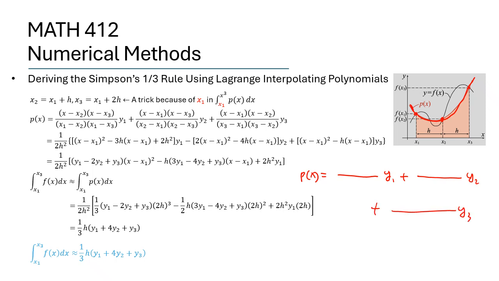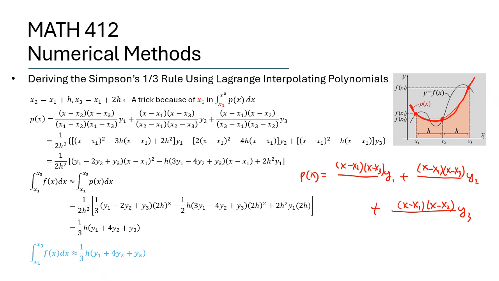And the numerators: x minus each x value except itself. For y1, x minus x2, x minus x3. For y2, x minus x1, x minus x3. For y3, x minus x1, x minus x2.